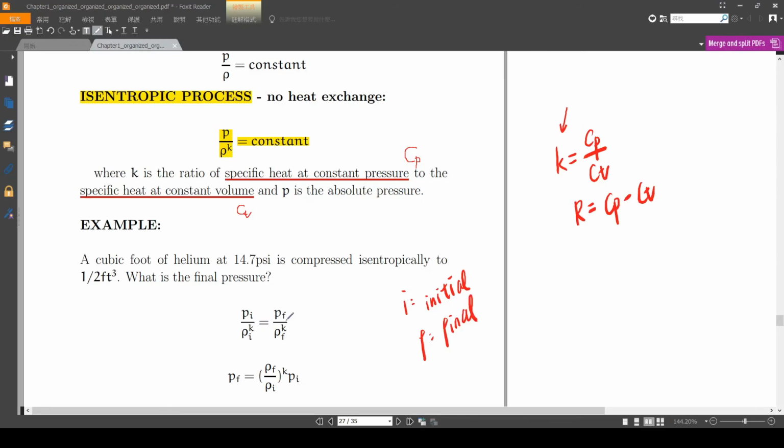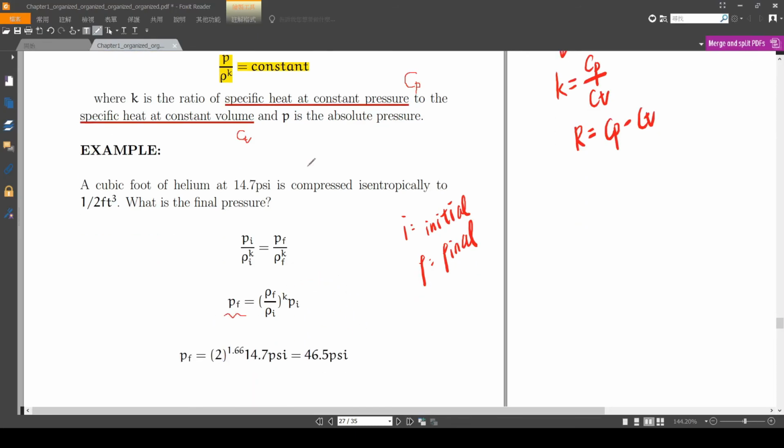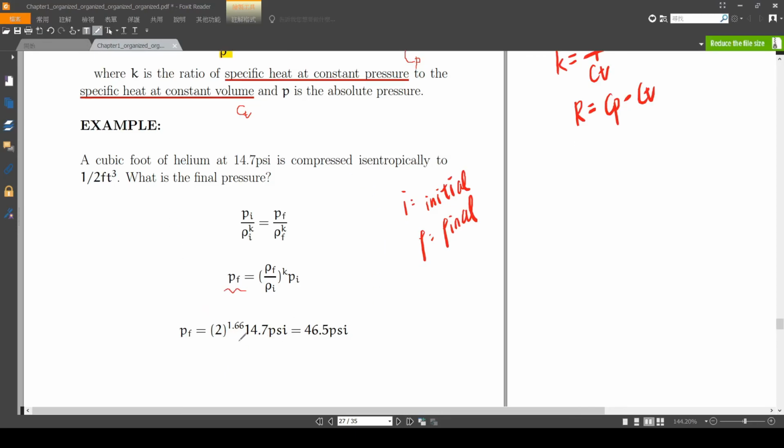So if you want to find the final pressure, you do some math, get this relation, and then put back all the information you know. In this case, it doesn't mention the value of K, so you have to find the K.